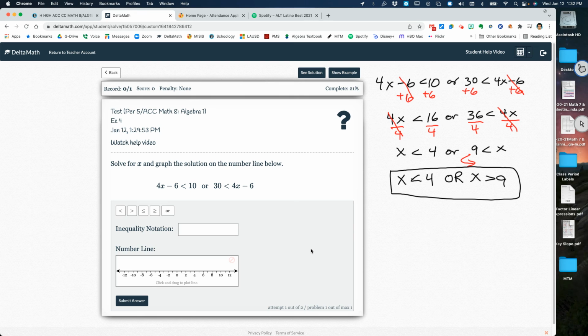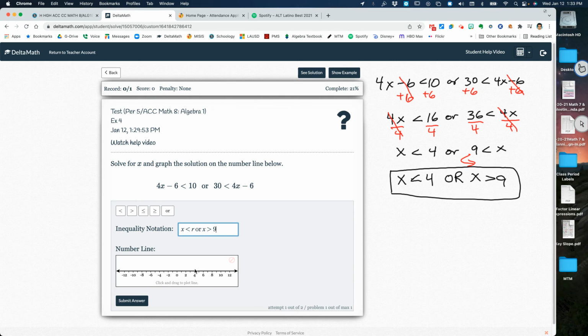So the answer is X is less than 4 or X is greater than 9. And it's going to look like this. You're going to have all the numbers smaller than 4, or you're also going to have all the numbers greater than 9. Okay, so let's write it down. X less than 4 or X greater than 9.